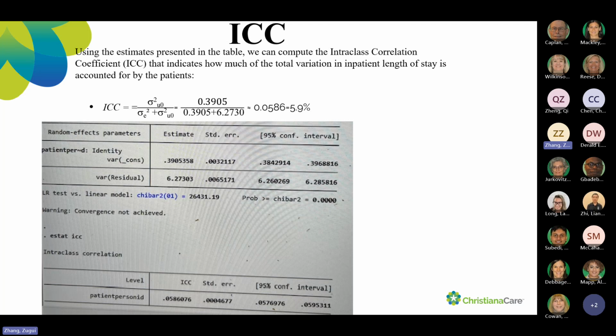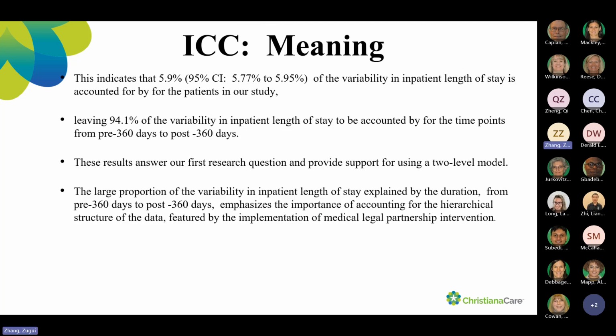So here the ICC is the variation due to the participants relative to the overall variation, and we get an ICC equal to 0.059. With the 95% confidence interval, this indicates that about 5.9% of the patient length of stay variation is accounted for by the patient.